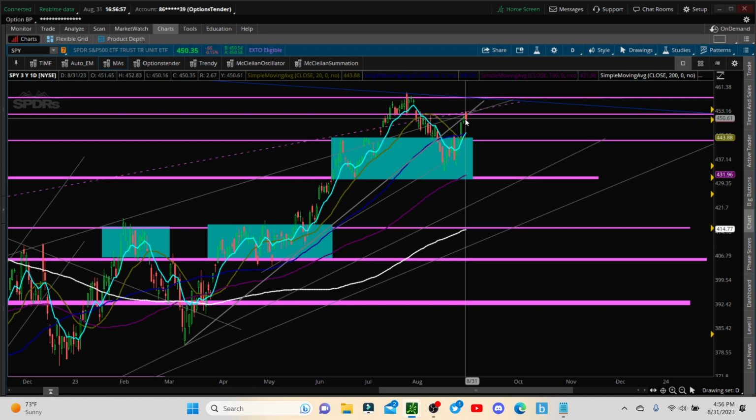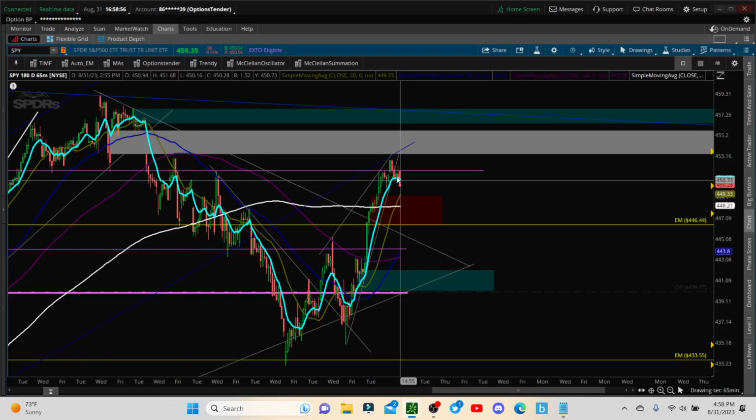We didn't quite get to it, but that's considered a test of that point. Now we have the trend line up here for this wedge. We broke down from the wedge. We back tested, and at the end of the day, we just kind of tanked in a micro way. But we just tanked at the end, in the last like 5 minutes or something like that, and just had that back test and started moving down from that point.